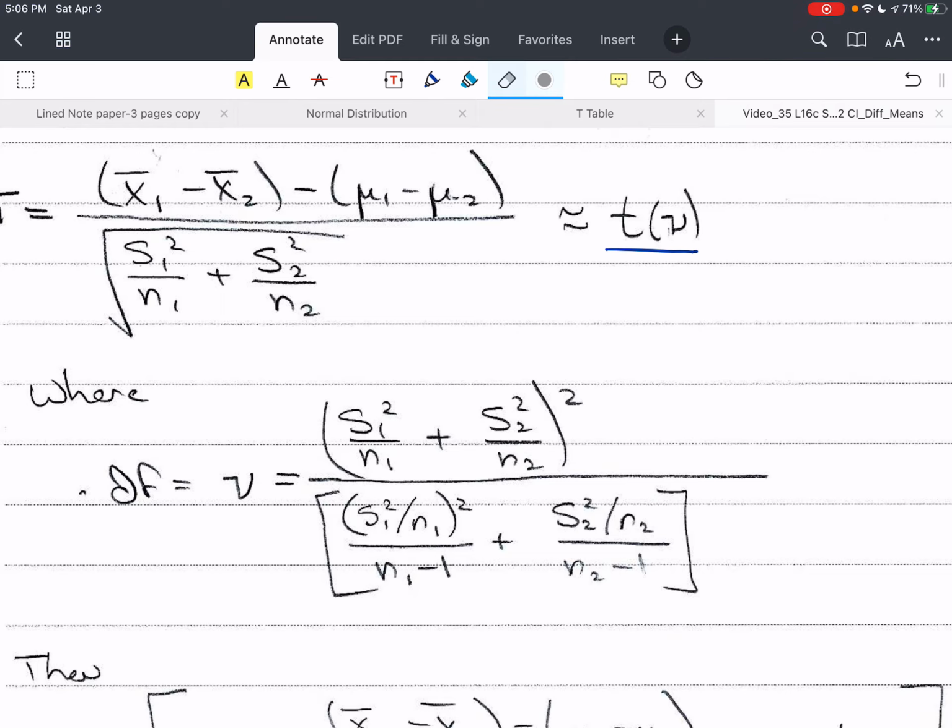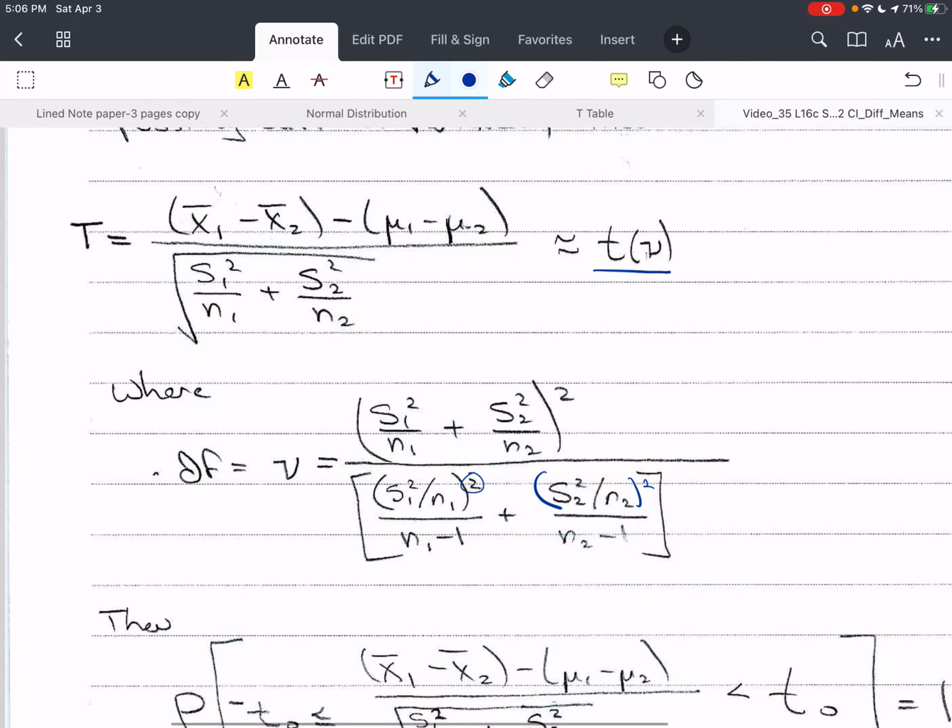So we have s1 squared over n1 plus s2 squared over n2, quantity squared. Don't forget the square. And then on the bottom we have s1 squared over n1 quantity squared over n1 minus 1, and then s2 squared over n2 quantity squared over n2 minus 1.